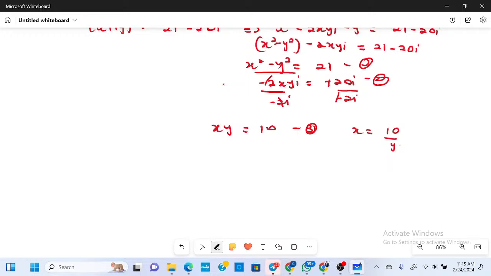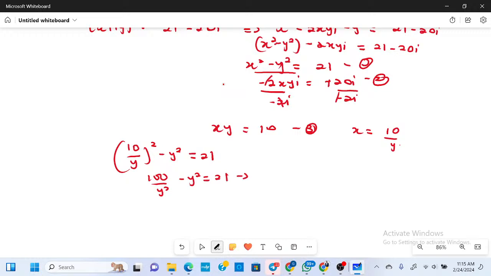So I'll have 10 on y all squared minus y squared is equal to 21. This is going to give me 100 over y squared minus y squared equals 21.